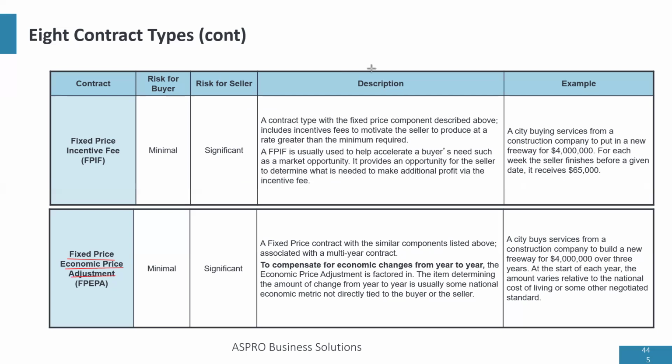Yes, I do have a question. So if incentive is offered, like in the example that you gave of a city buying services from a construction company and offering incentive for the week that they finish on time, isn't a project supposed to have a schedule or a timeline for when they finish?